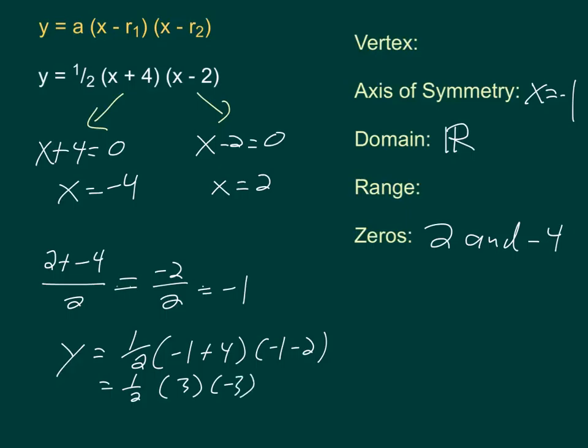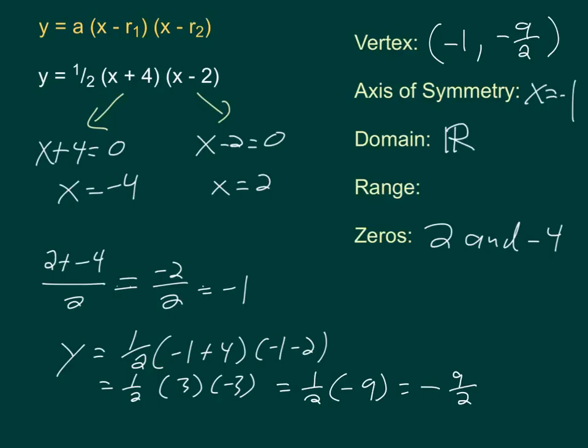If we've done it correctly, these numbers should be the same, except one's going to be positive, one's going to be negative. So we're going to have 1/2 times negative 9, which is negative 9/2. You can think of that as negative 4.5, but I'll leave it as the improper fraction. So my vertex is negative 1, negative 9/2. That's what I have there.